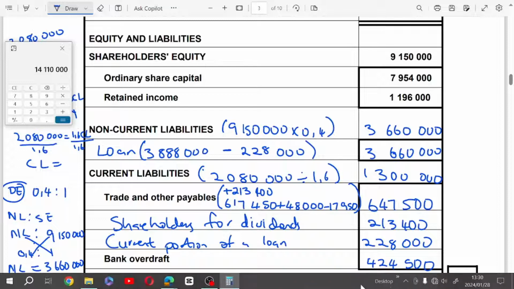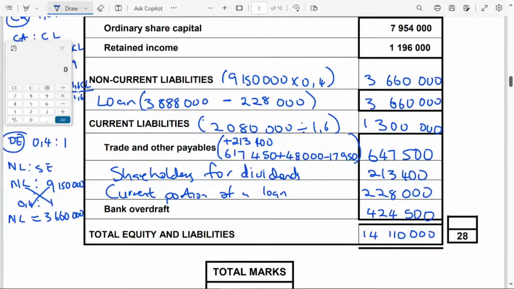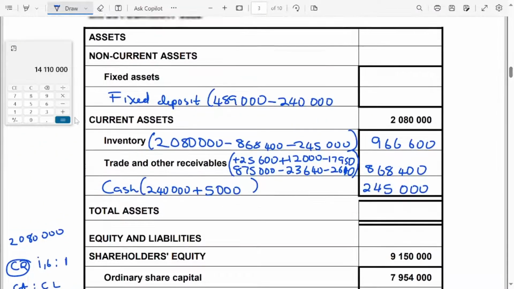That is 14,110,000. Let's calculate again and check if we made a mistake. 9,150,000 plus 3,660,000 plus 1,300,000. Yes, so it's correct, right?